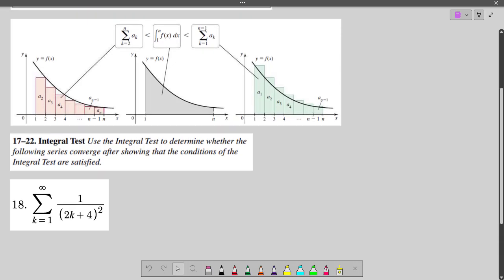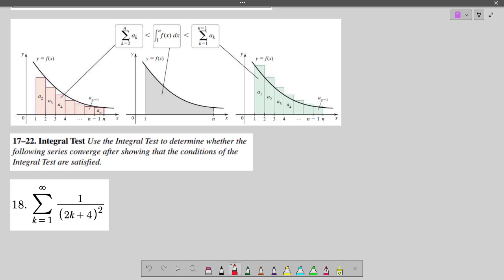This is a visual, a squeeze theorem, that proves or at least justifies the integral test. The idea here is that you saw this in Calc 1.